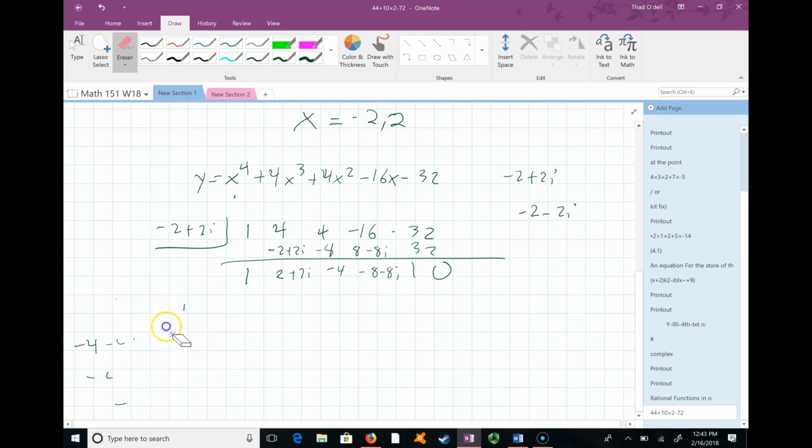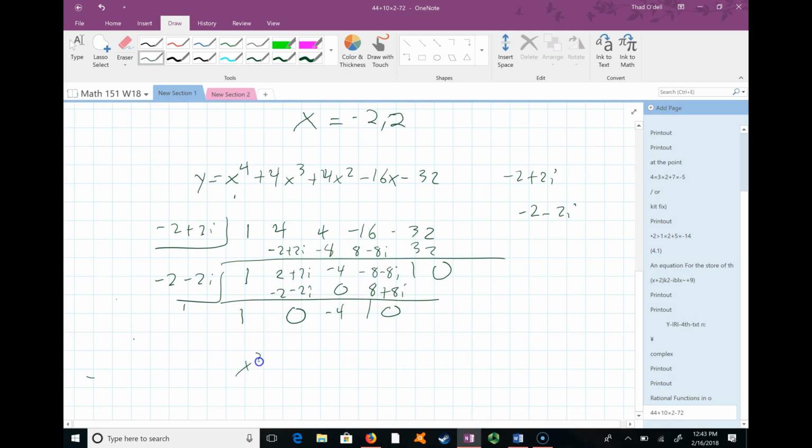And so then I run the conjugate pair through, and notice we get negative 2 minus 2i. That's kind of nice. We get 0 there. 0 times that is 0. We get a negative 4. And that times negative 4 would be a positive 8 plus 8i. And that, of course, gives me 0.